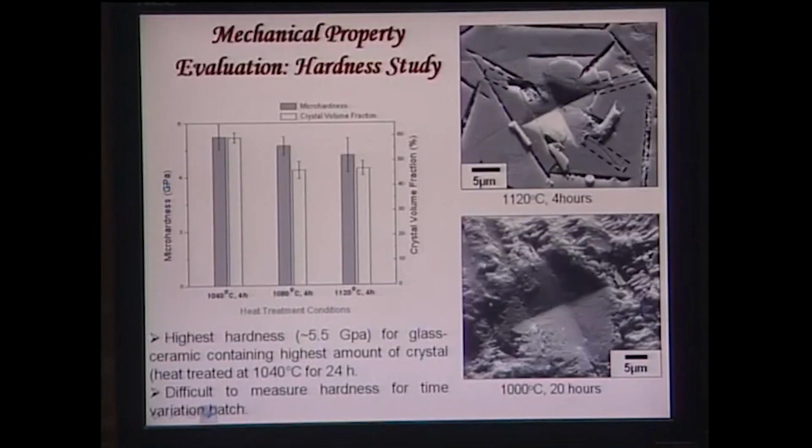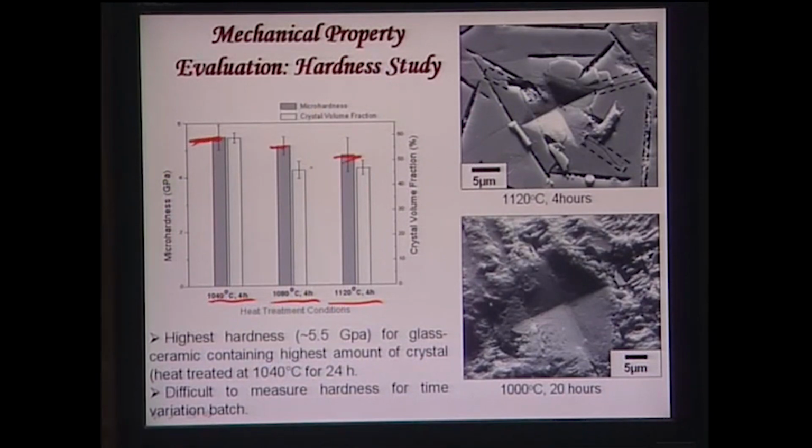Now some comments on the hardness property of these materials. As far as the hardness property is concerned, at 1040 for 4 hours, 1080 and 1120 for 4 hours, when you vary the temperature, the hardness of these materials, which is the shaded bar, is a little higher than 5 gigapascal.